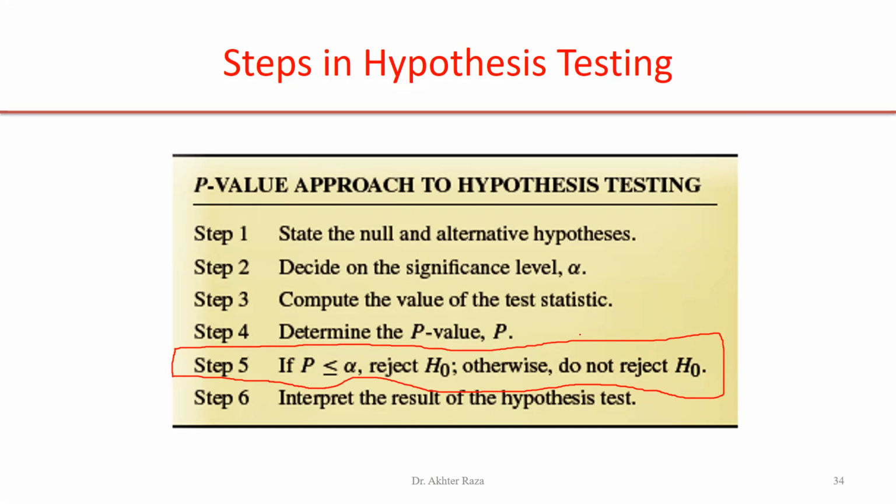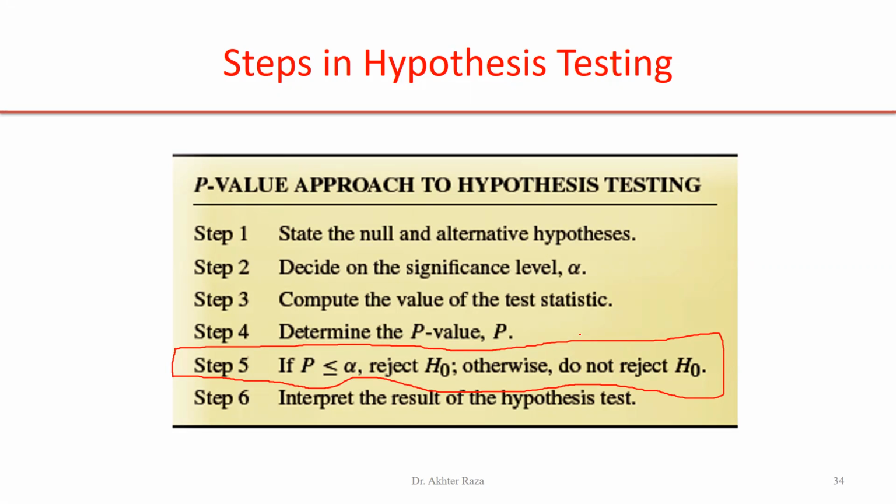We just compare alpha and the p-value. If the p-value is less than or equal to alpha, reject H naught, and our conclusion will be that the data provides sufficient evidence in favor of H1. If the p-value is greater than alpha, our decision will be that the data provides sufficient evidence in favor of H naught.